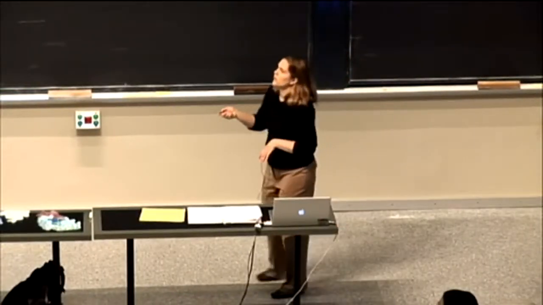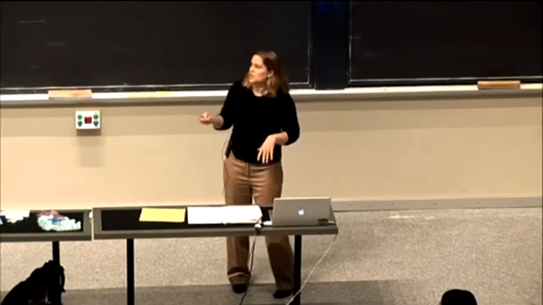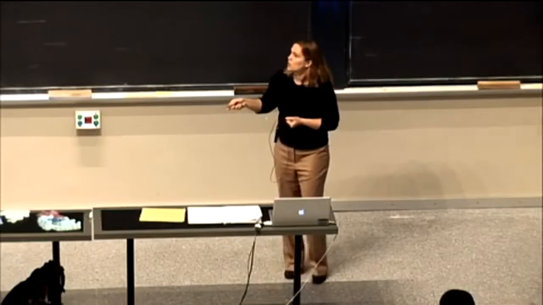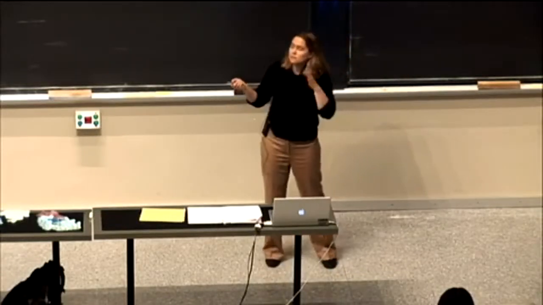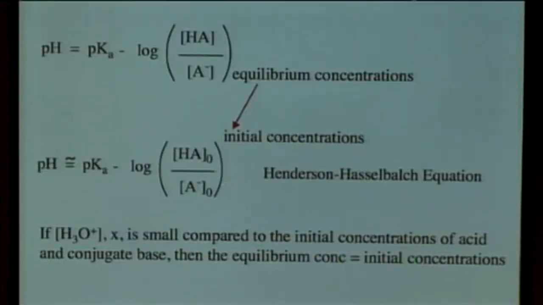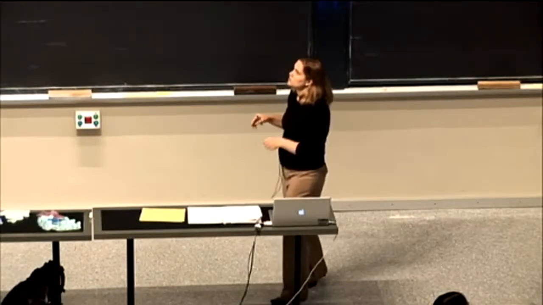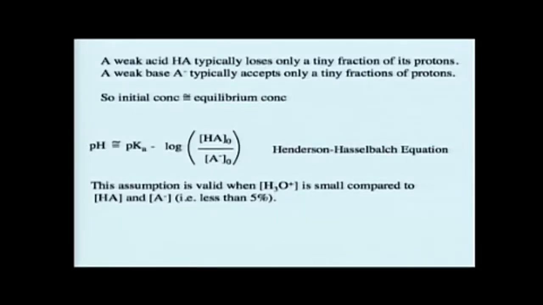And that's true when X, which is in this particular example your hydronium ion concentration, is small compared to your initial concentration of the acid and the conjugate base that you added to the buffer. And when X is small, then pretty much the equilibrium concentration equals the initial concentration. So there's not really very much change if X is a really small number. So a lot of the time this is true.